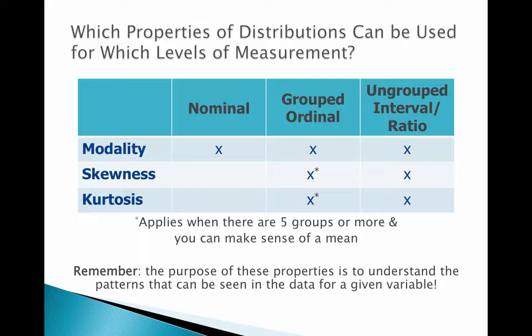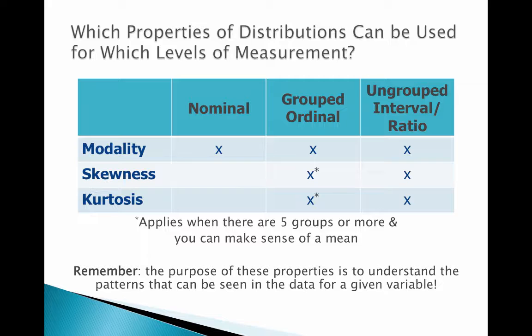But let's talk about some new concepts that you're going to learn about: these ideas of skewness and kurtosis. We don't use skewness and kurtosis when we have nominal variables and if we have grouped interval ratio variables. We use skewness and kurtosis if we have ungrouped interval ratio variables, right? Numerical values: age, temperature, time, weight.